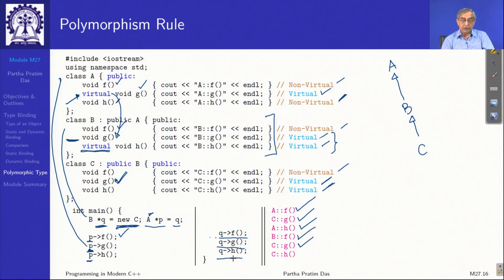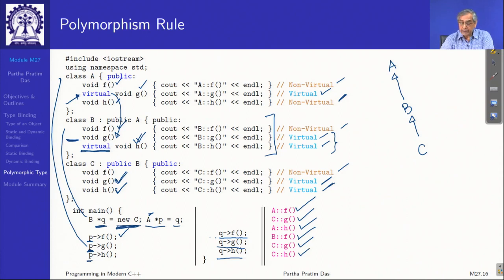So, the compiler will not generate this binding based on the type of Q. If it would have done that, it would have called the function B::H, but it will not do that because the actual object is of type C and this is a case of dynamic binding. So, it will call the function H of class C, C::H.